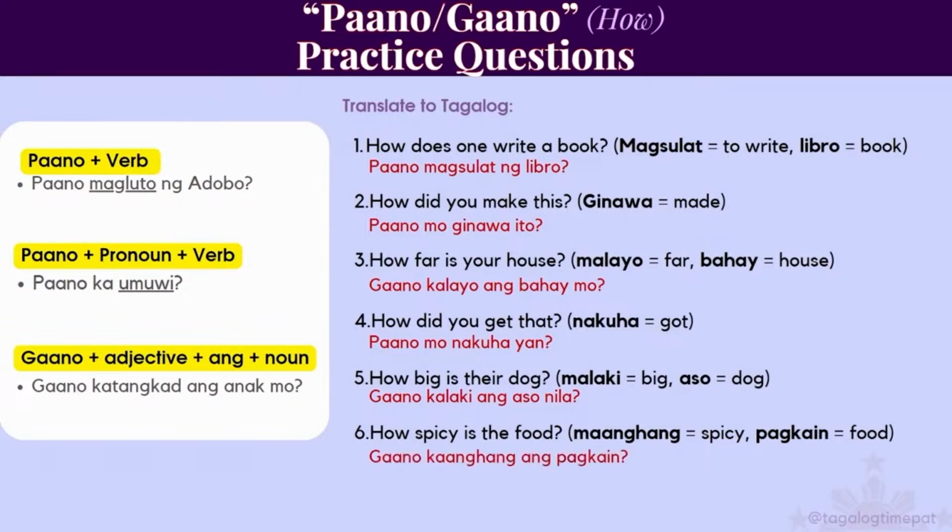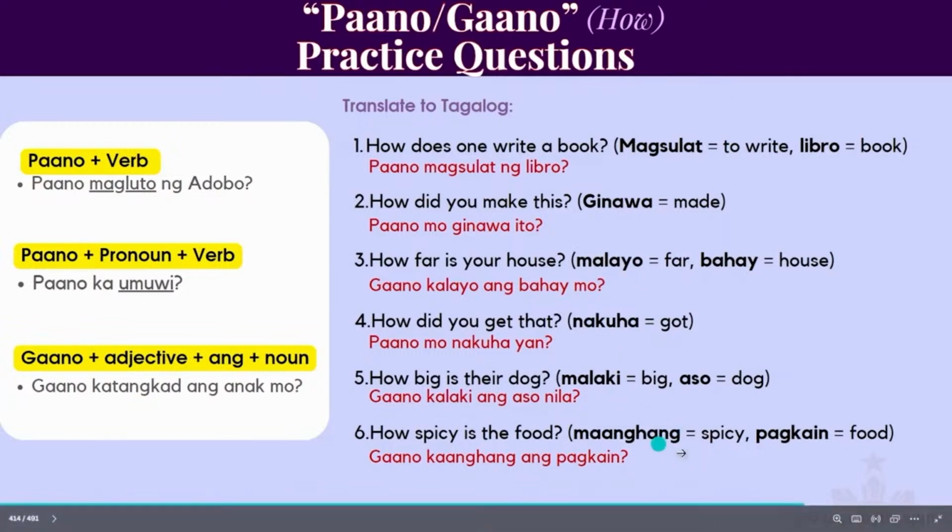And then number 6, how spicy is the food? Maanghang is spicy, pagkain is food. So it's asking about an adjective, the spiciness of it. So it would be gaano kaanghang ang pagkain? So in all of these examples, I gave you the adjective in the ma form, right?